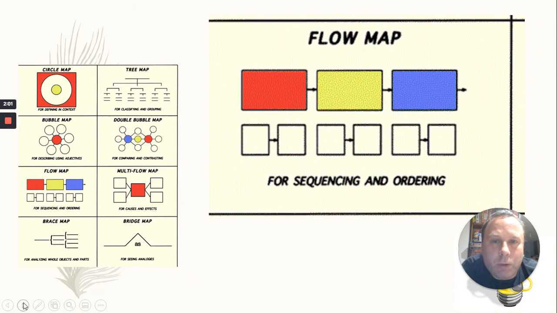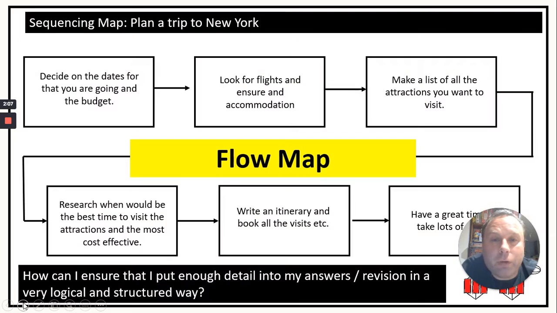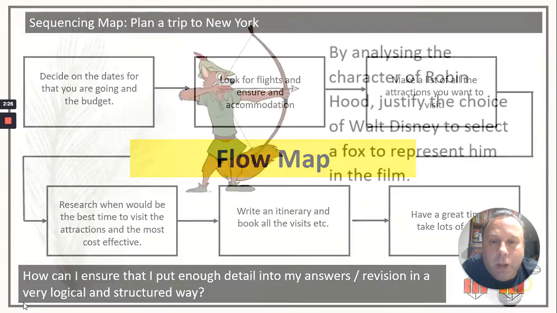For something which is a bit more logical, where there's a sequence of things to be done, you could use a flow map, and this could be assigned to the same problem. So we've got deciding on the dates and the budget is the first thing you've got to plan, then looking for flights and ensuring accommodation is sorted, and so on. So the same question could be dealt with a different map.